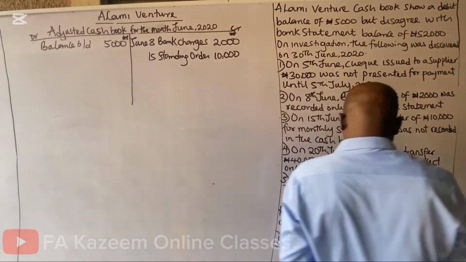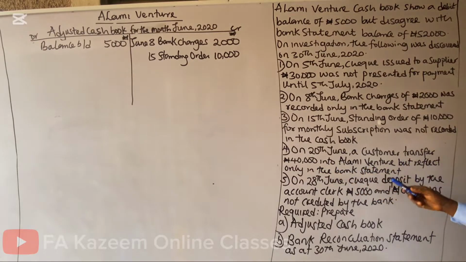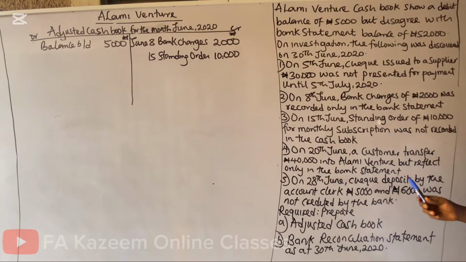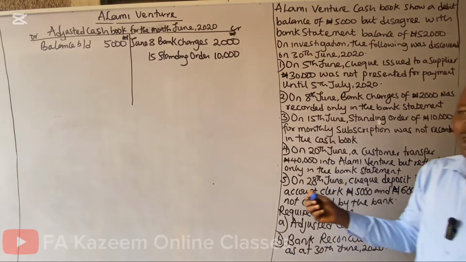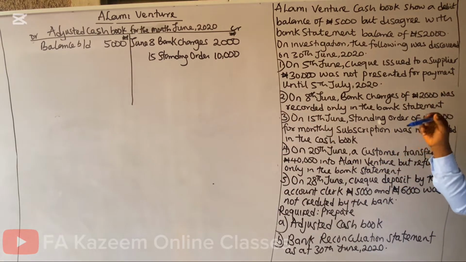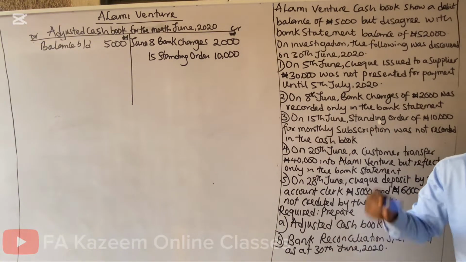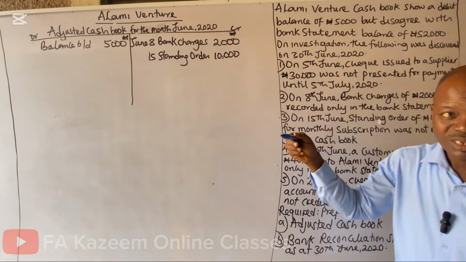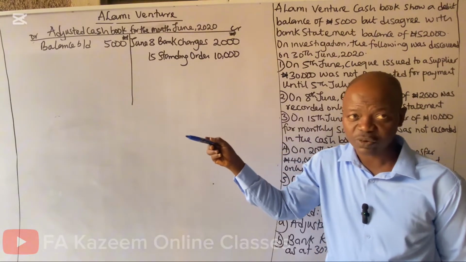On 20th June, a customer transferred 40,000 into Alami's Venture. That's an inflow into the customer's account, but it reflects only in the bank statement. Once a customer transfers money into Alami's account, the bank is expected to record it on credit, and the bank will send a credit alert SMS to Alami's Venture, telling Alami to update his cash book by putting it on the debit side, which is the corresponding entry.